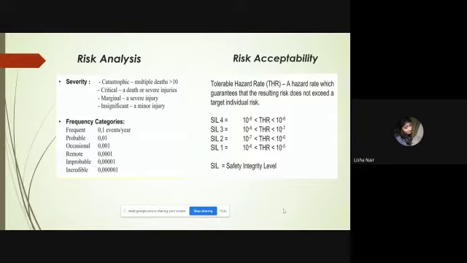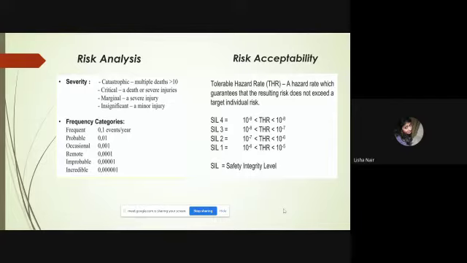After the risk analysis is done, we define a tolerance for each level. We say that catastrophic is the most severe level. Here, SIL 4 is considered the most severe level. SIL is nothing but safety integrity level.